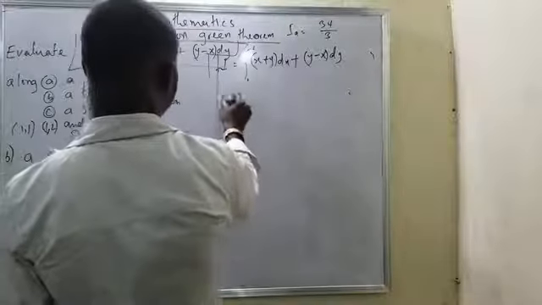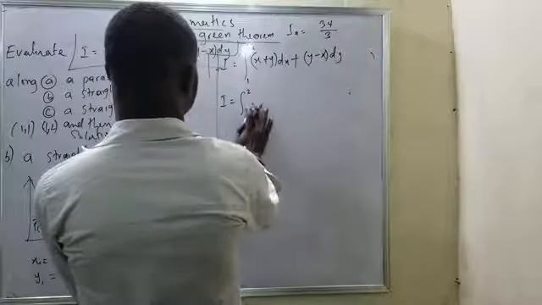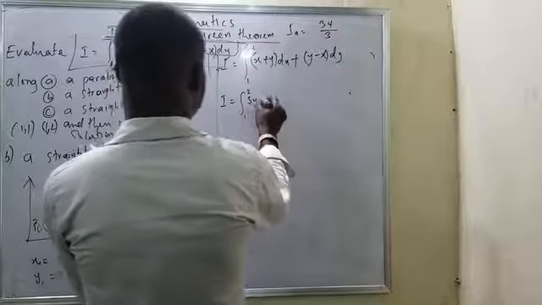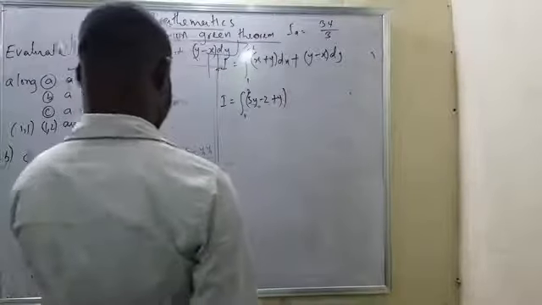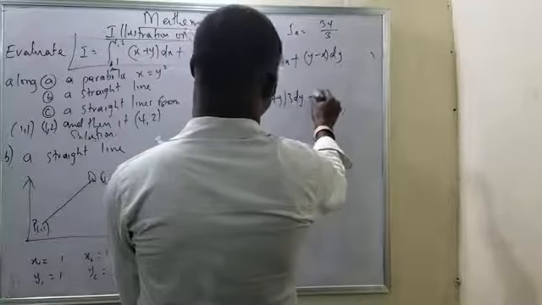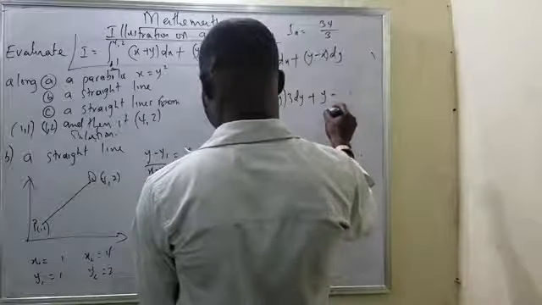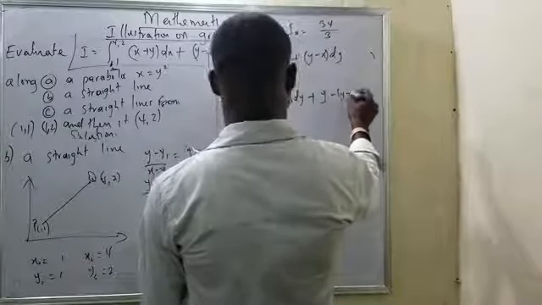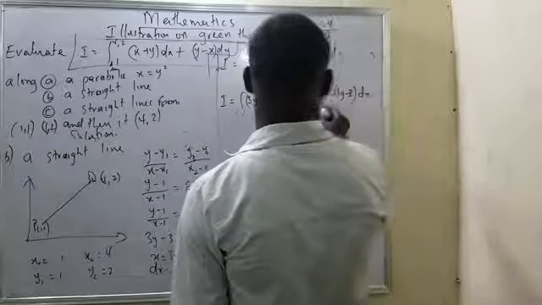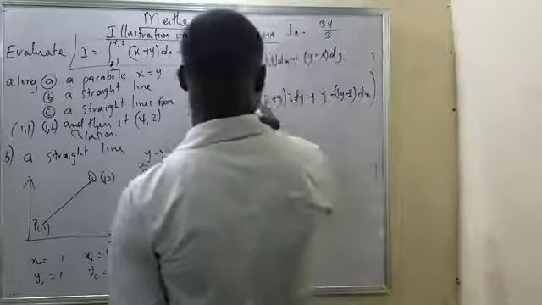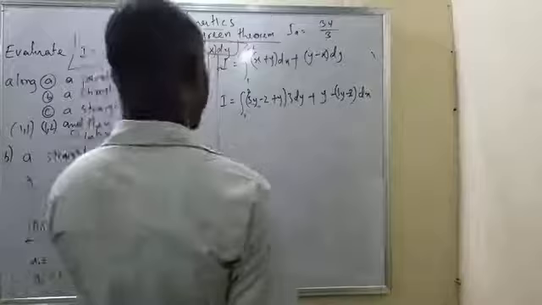It means I'll be having my I equals the integral from 1 to 2 of (3y minus 2 plus y), where my dx is 3 dy, minus (3y minus 2) dy. Now I'm talking about the y, sorry.